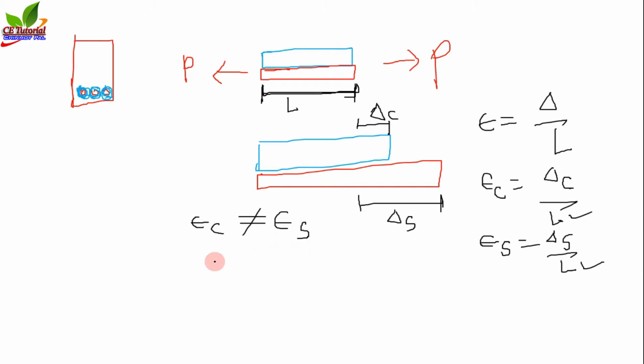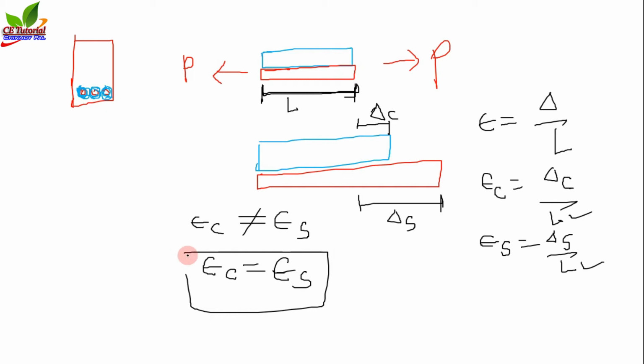But IS code is saying that you have to assume that epsilon C is equal to epsilon S. You have to consider this assumption.